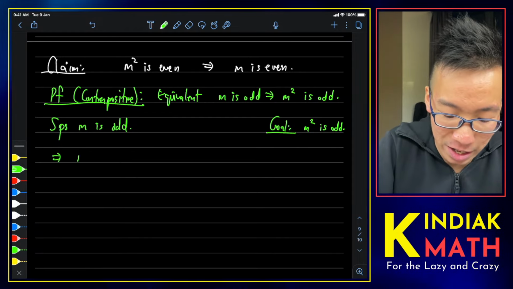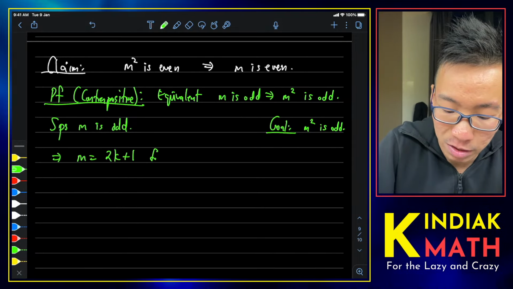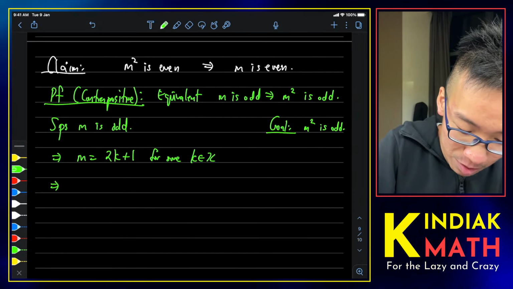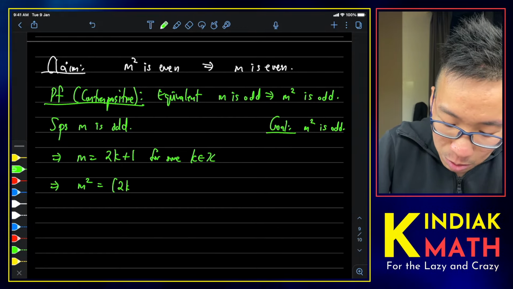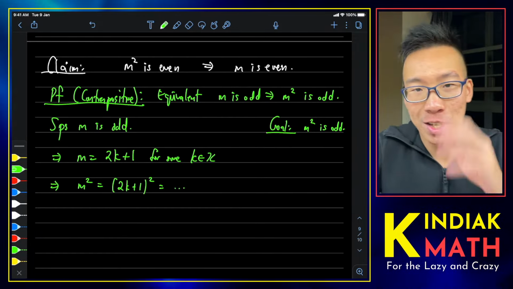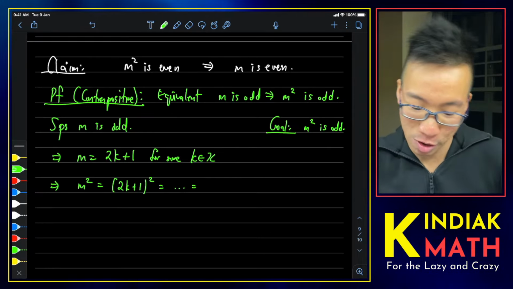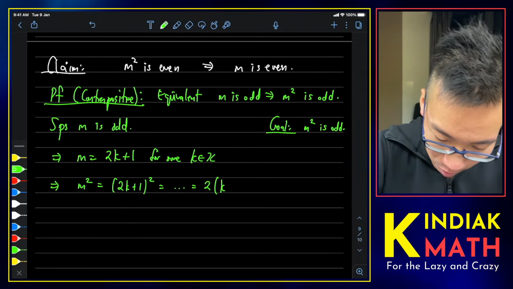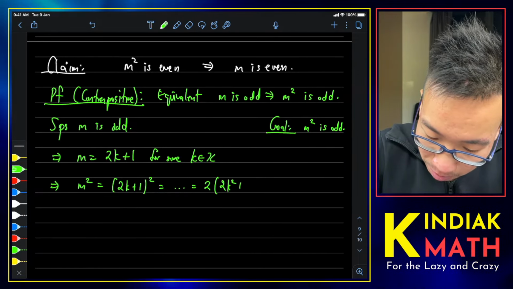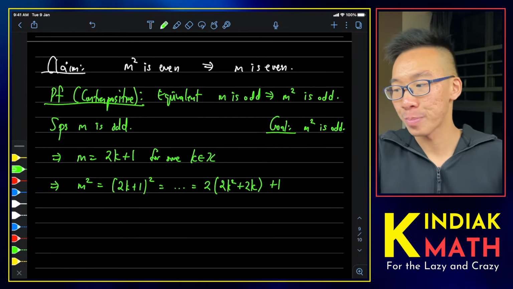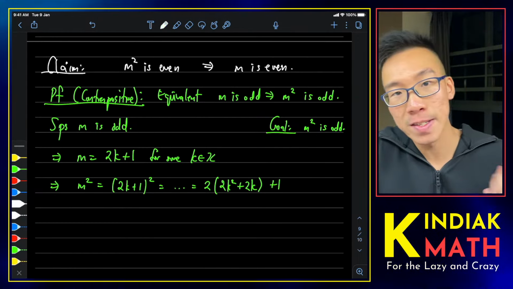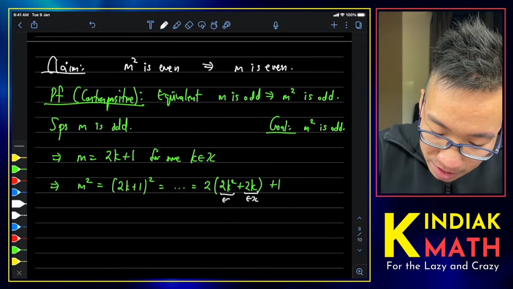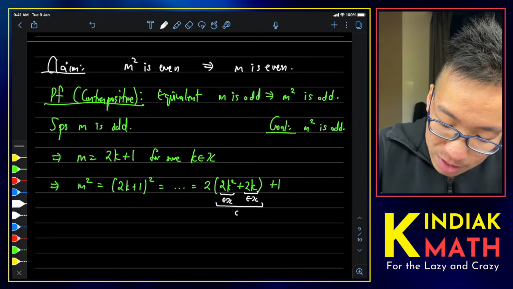Well, if m is odd, then m equals 2k plus 1 for some integer k. But that simply tells us that m squared equals (2k plus 1) squared. Now you guys can do algebra. I'm going to let you work out the algebra, and you're going to get 2 times (2k squared plus 2k) plus 1. And if you look carefully, since k is an integer, this bit here is an integer, this bit here is an integer, and this whole thing here is an integer.